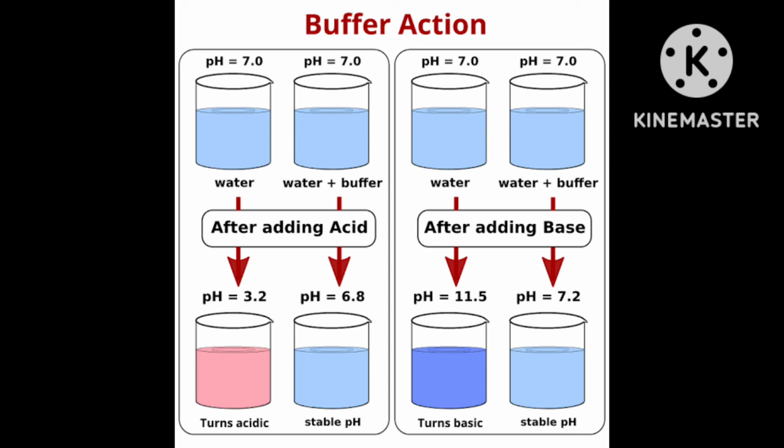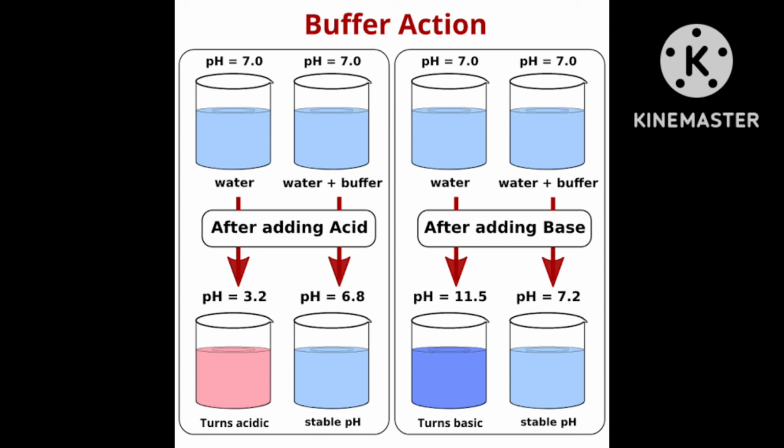Because the strengths are the same, 25 ml HCl will react with 25 ml ammonia, and 25 ml ammonia will remain. 25 ml acid is neutralized by 25 ml base, but after this 25 ml ammonia will remain.